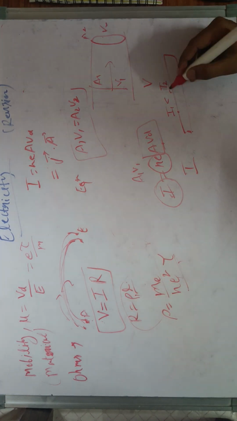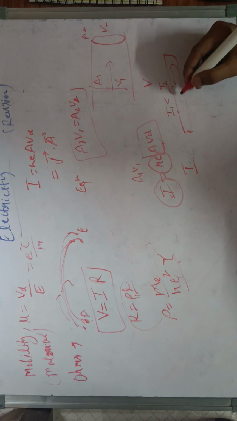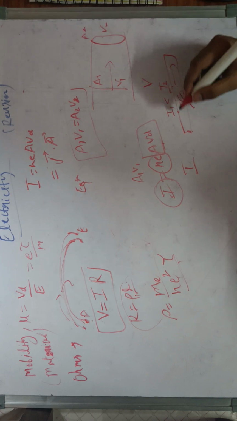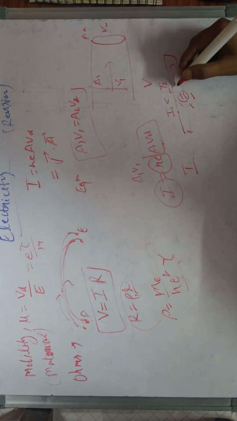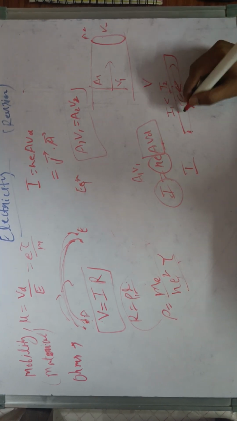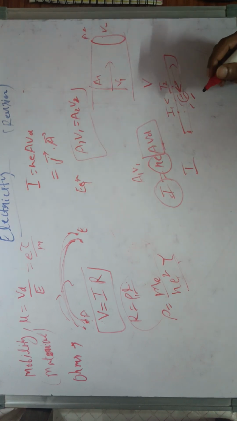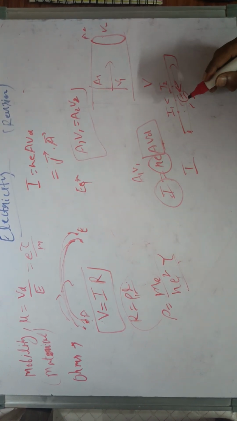then what would happen is that if current is higher at this point, there would be more positive charge coming out and negative charge will start accumulating here, and it will start pulling the positive charge in this direction. So that's not going to happen.